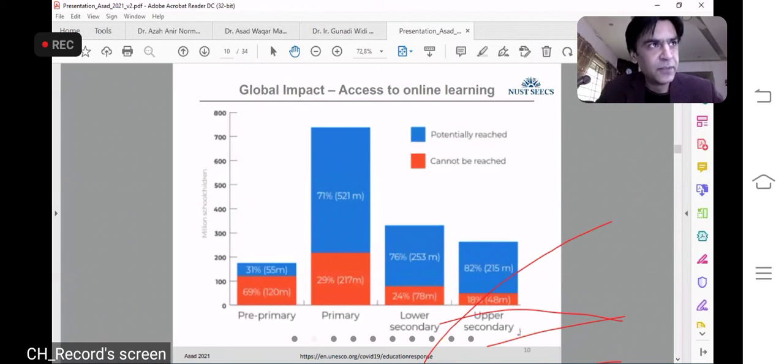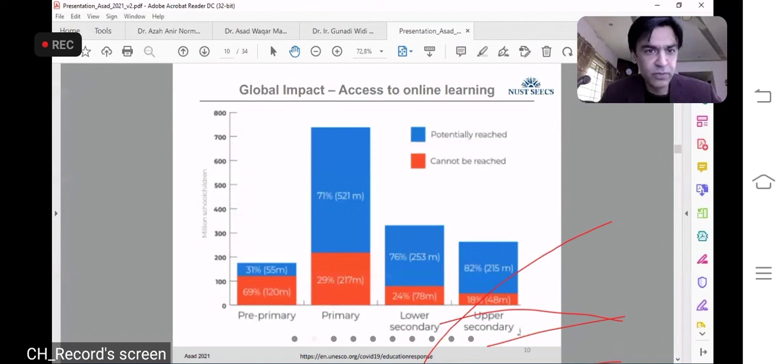Okay, so this is access to online learning, right? We have the people who can potentially reach it. They have the instruments and the infrastructure available to engage in online education. And then we have the numbers of people who do not connect to online education, because they might not have the infrastructure or smart gadgets, or maybe they have more than one child at home and only one gadget, so how do they share it?